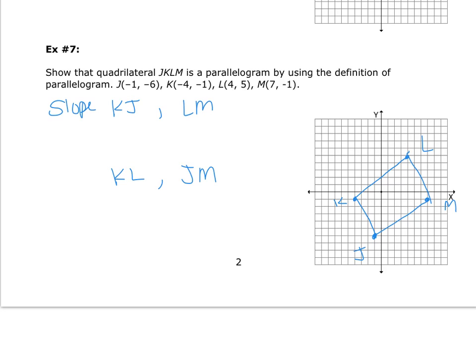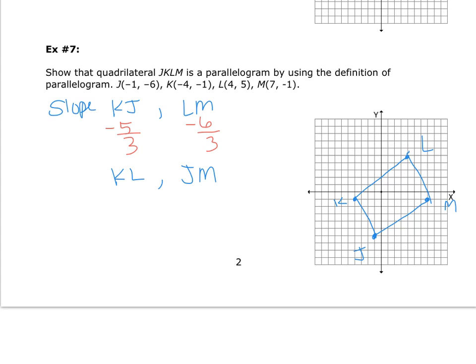It looks like it's going down 1, 2, 3, 4, 5, and then over 1, 2, 3. So I have a negative 5 over 3. And then I'm going to check LM. I'm going down 1, 2, 3, 4, 5, 6 over 1, 2, 3. Now, right there, that tells me those two lines are not parallel. I'm going to go ahead and count the other two sides, but I probably could stop right here and say that it's not a parallelogram.